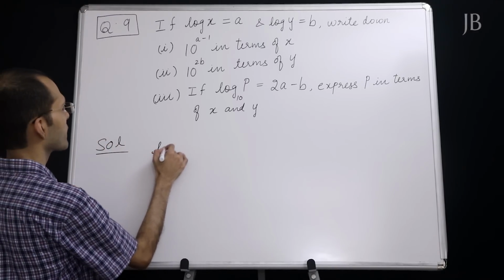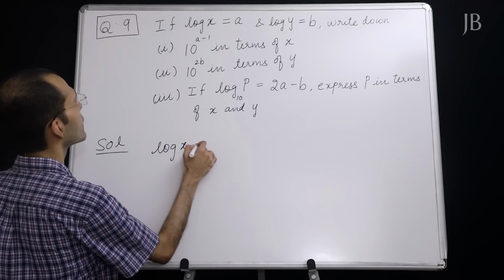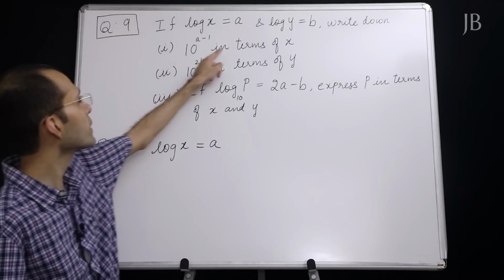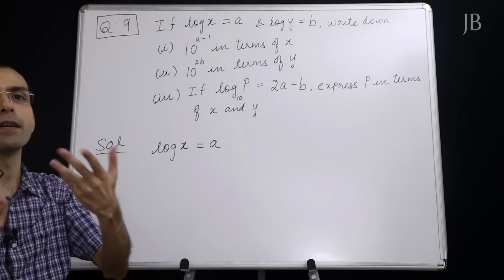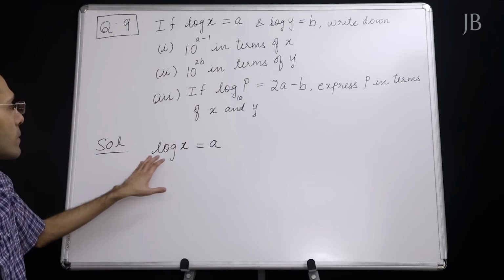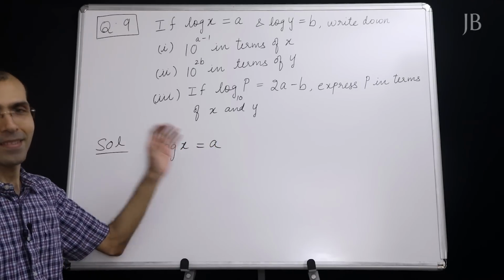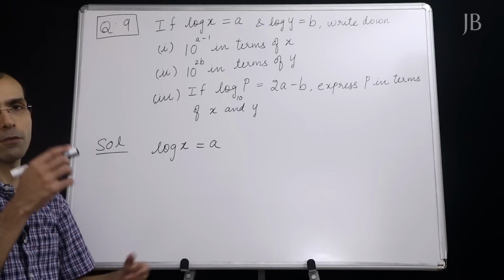Okay, now see, log x is a, but here if you see there is no log involved. So that gives us an idea that we should try and get free of logs here. See, the previous sum is okay because logs were involved anywhere.